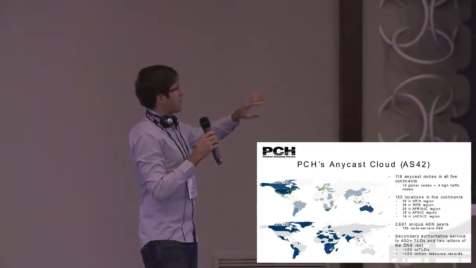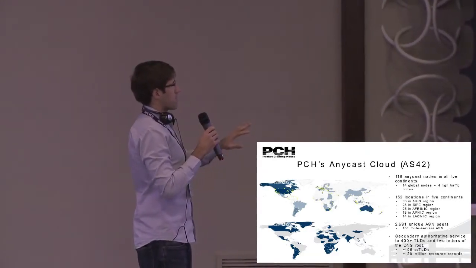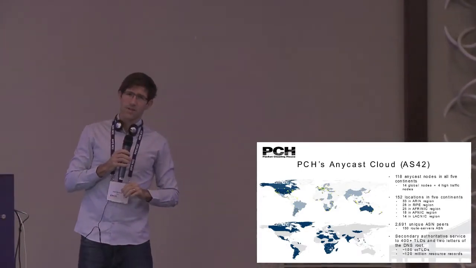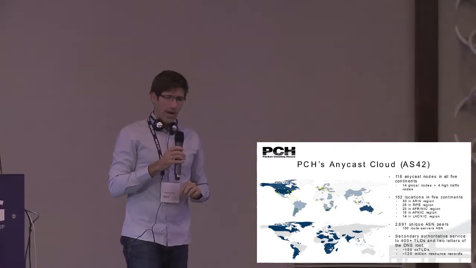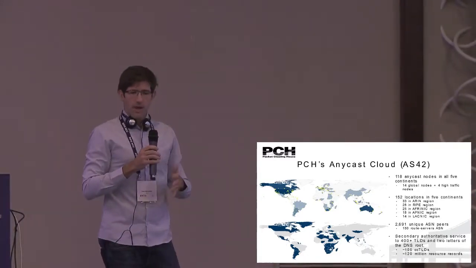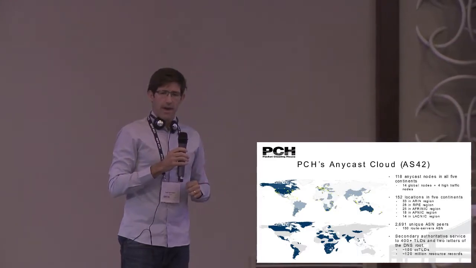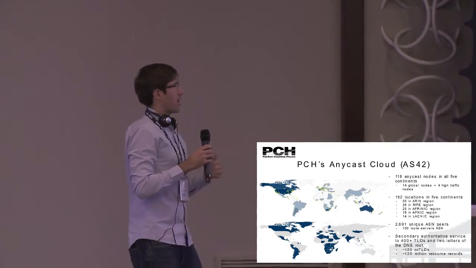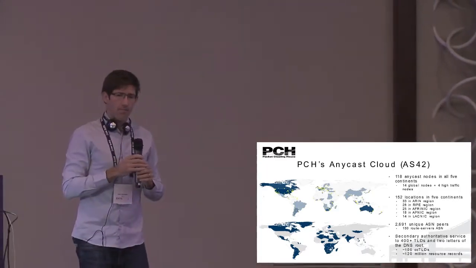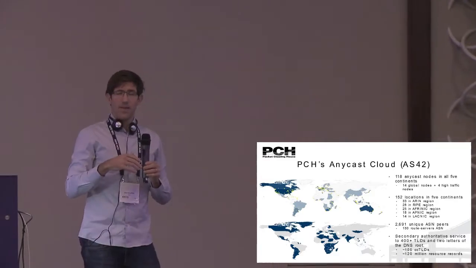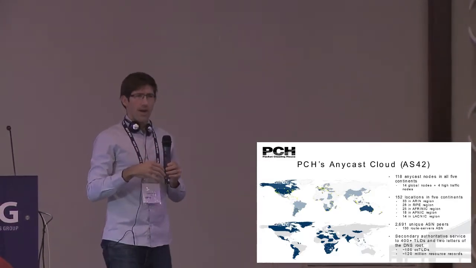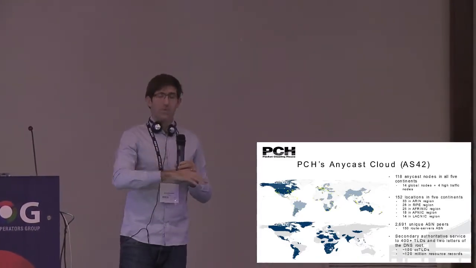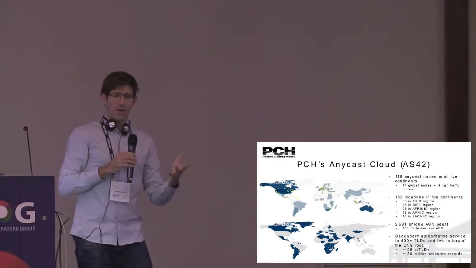The map on top displays all of our 150 locations in the 5 continents. We have around 118 nodes, and of those, 14 are global nodes and 4 are high traffic nodes. The rest will be nodes of medium size that will be serving an internet exchange point and the networks that participate at that exchange point locally.